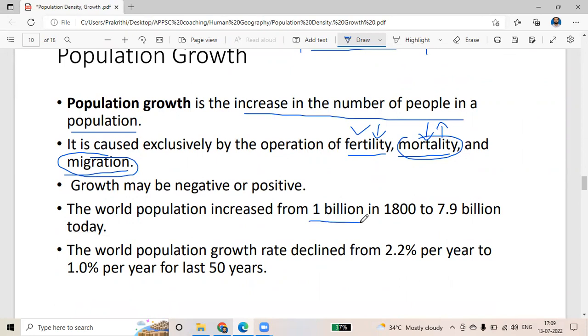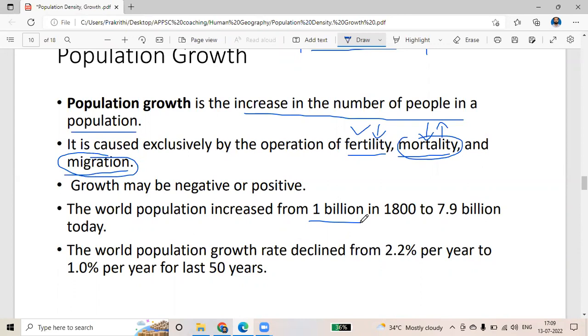But it took only 200 years to become 8 billion population. So what was the day before yesterday? It was Population Day, 11th July. You consider that as Population Day. So that much relevance we are giving to the population.